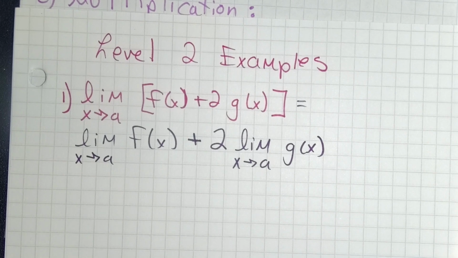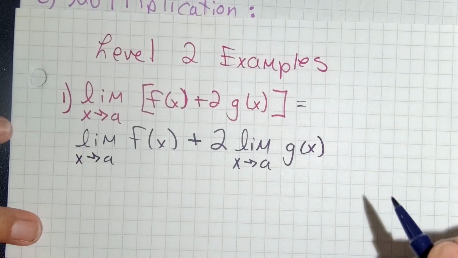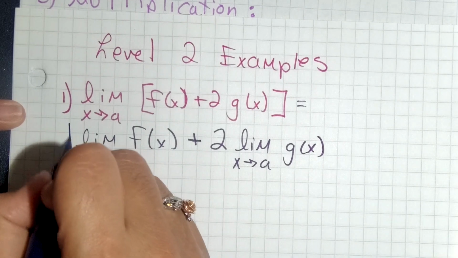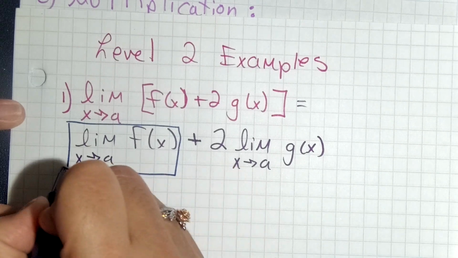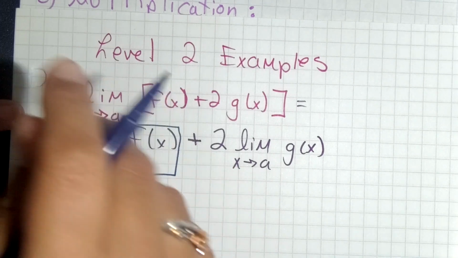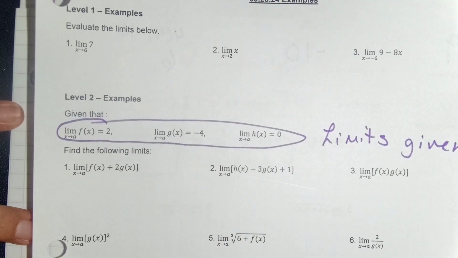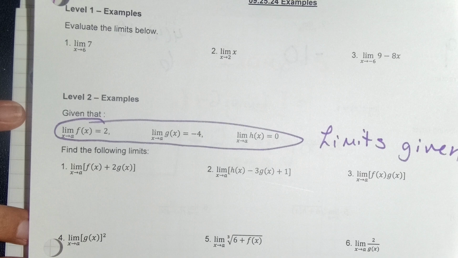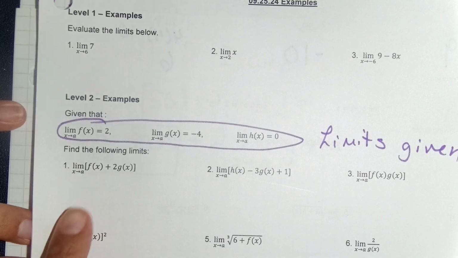Okay, so now let's look at our example. What does it tell me that the limit of f of x is? We're looking at this example here. What is the limit of f of x? It's 2.